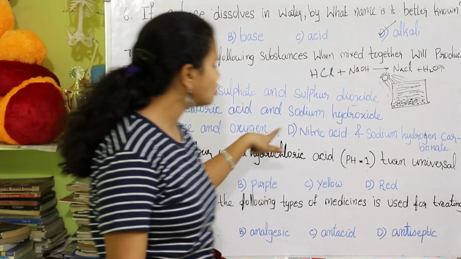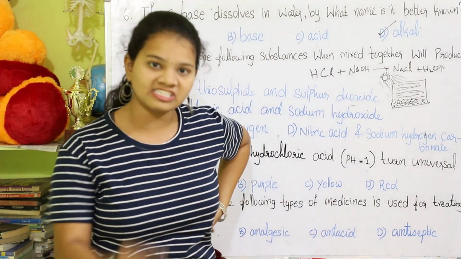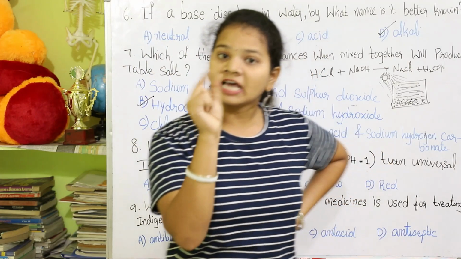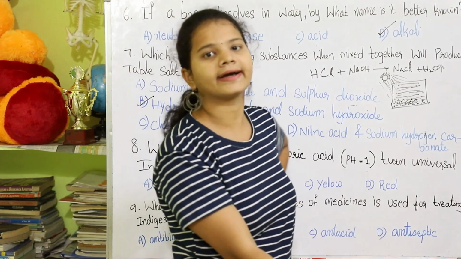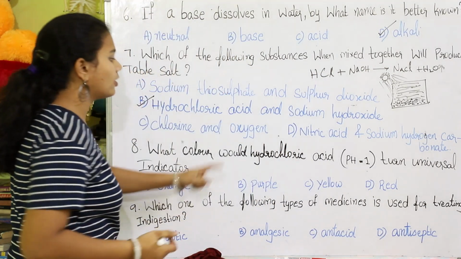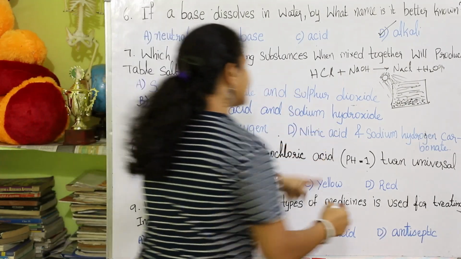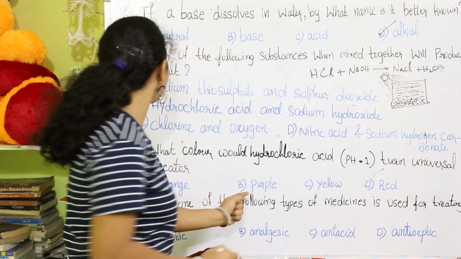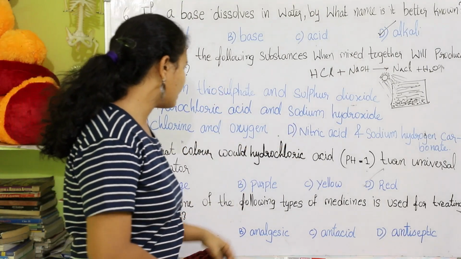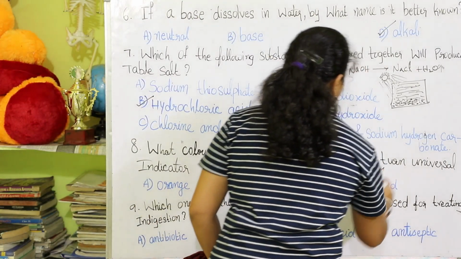If pH equals 1, it is highly acidic, which means the color turns red. Among the given options, orange, purple, yellow, red, red is the correct answer.